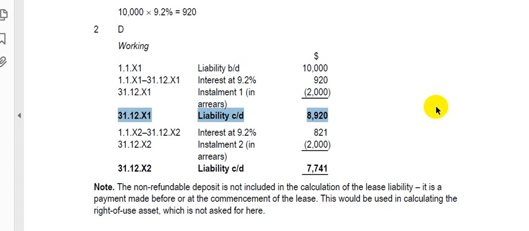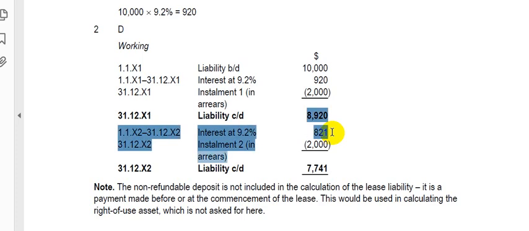So it's this 8,920 which we need to split into the non-current portion and the current portion. To do that, we apply the interest rate implicit to the 8,920 to give us the finance charge of 821. Then we subtract the lease rental of 2,000 to give us the closing liability at 31st December X2 of 7,741.